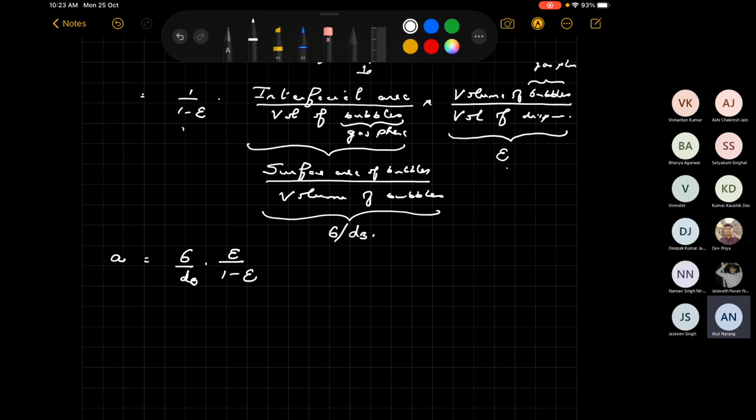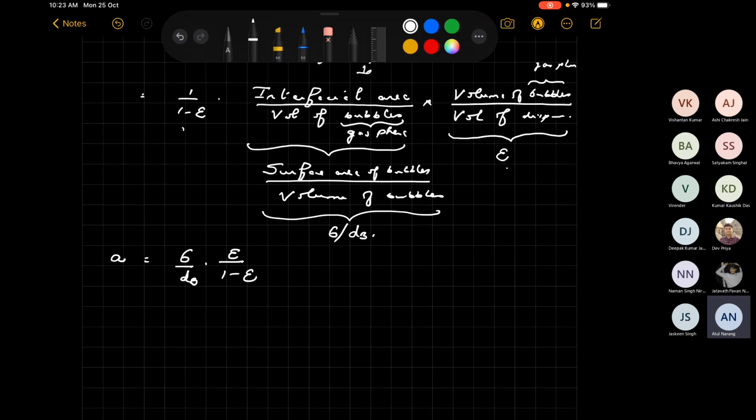So basically breakage will take place, bubbles will break essentially when these two forces become comparable, and they will be stable if the surface tension forces are much bigger than the inertial forces.